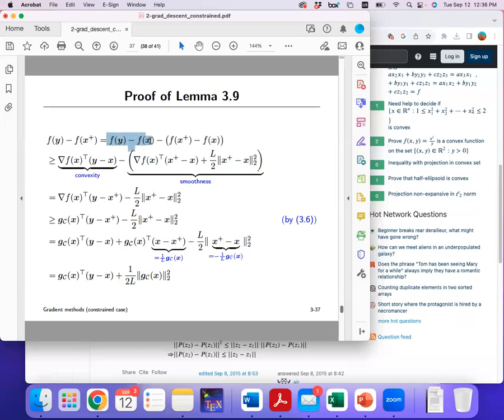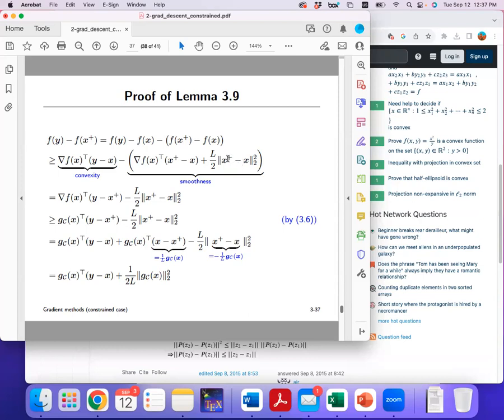For the first difference term, we will lower bound it using convexity. So this fy minus fx is bigger than or equal to this dot product by convexity. And for the second difference term, we will upper bound it using smoothness of the function.